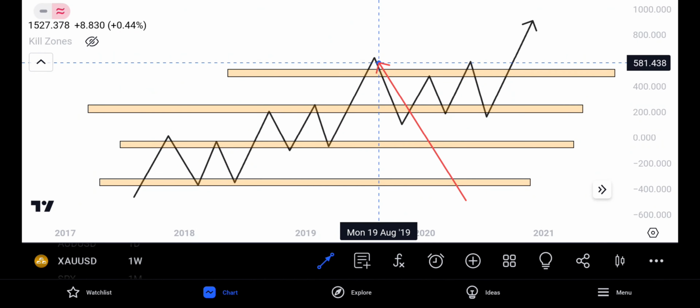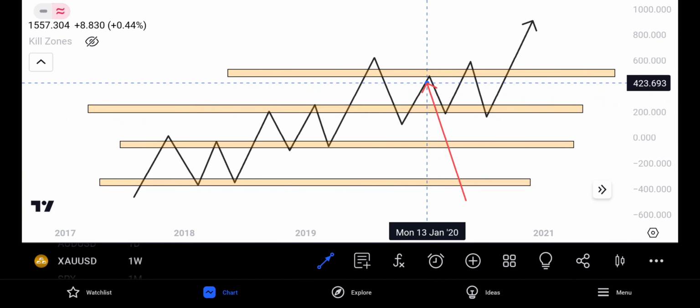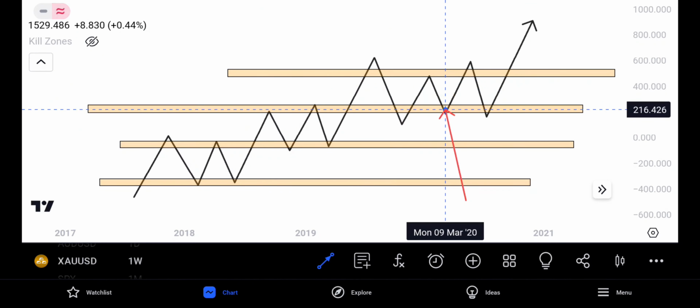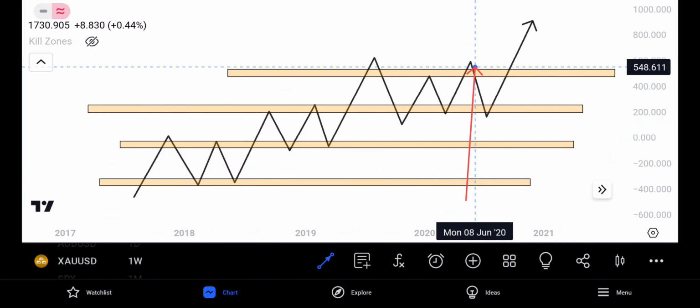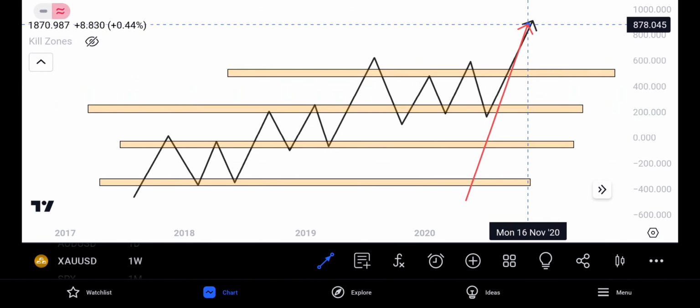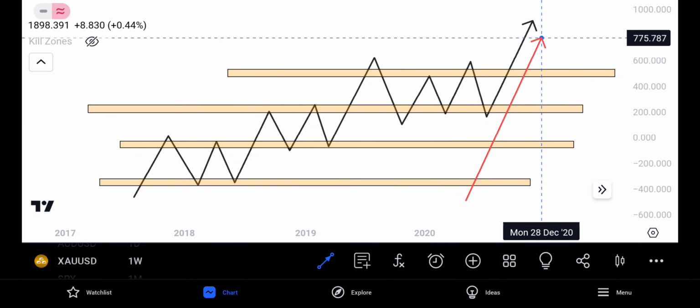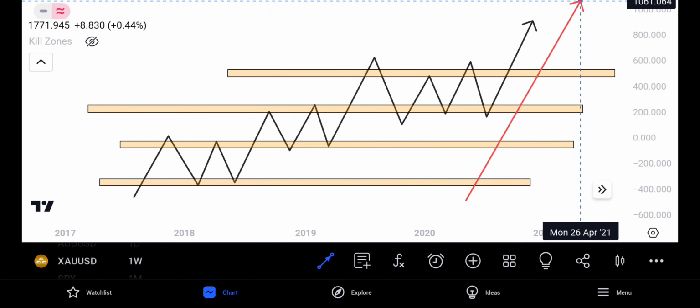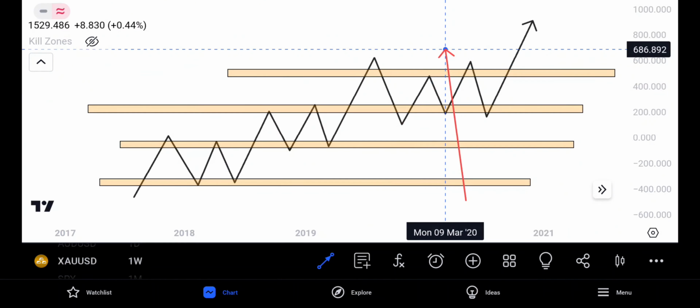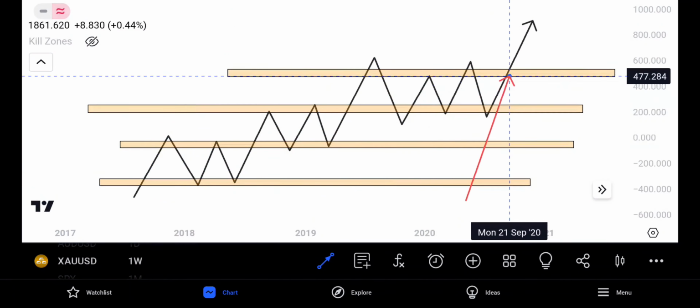You can see the range before creating higher high and also higher low. That's how price is just moving, right? Now this is a typical uptrend market.